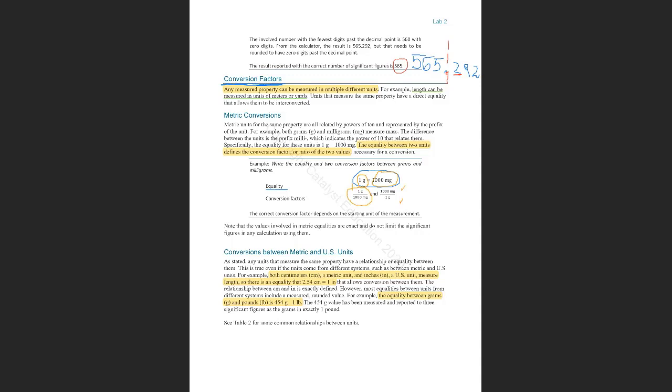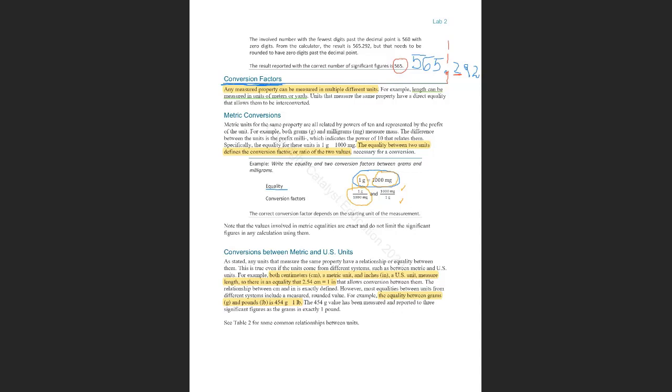And we are going to see examples when you need to use each one. When do you put the grams up, or when do you put the grams down? That depends on what you are trying to obtain. But we will go over that.